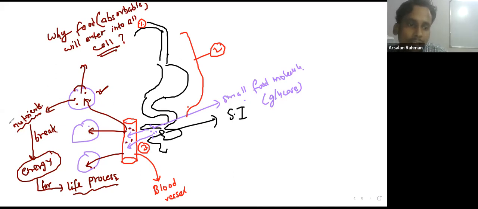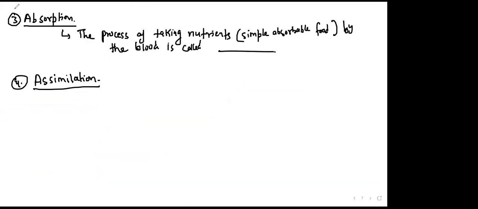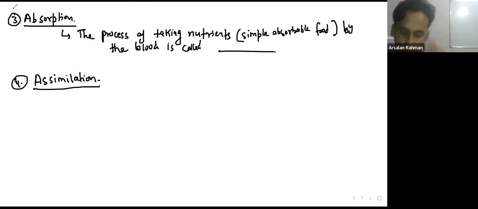What is assimilation? Assimilation is basically to break the nutrient to produce what beta? To produce energy. Okay, assimilation is basically the process of utilization of digested food for energy.